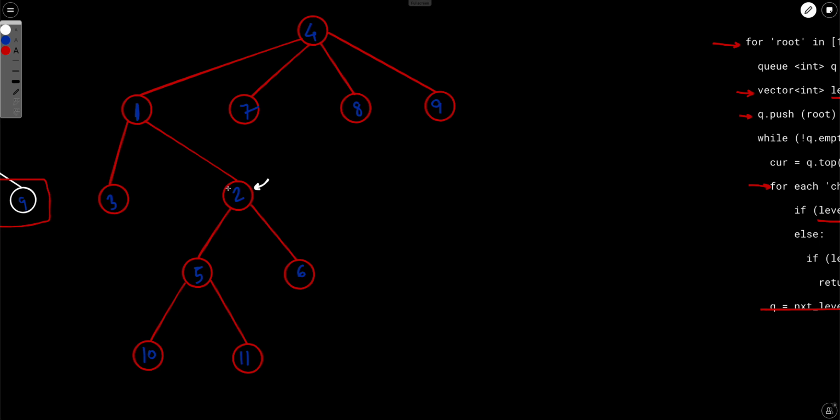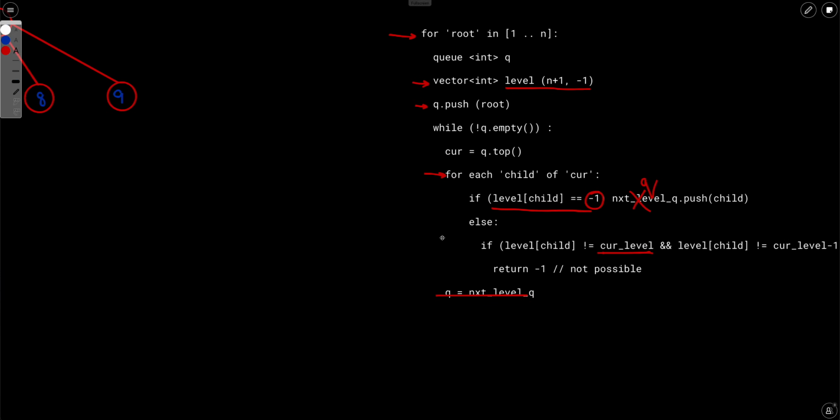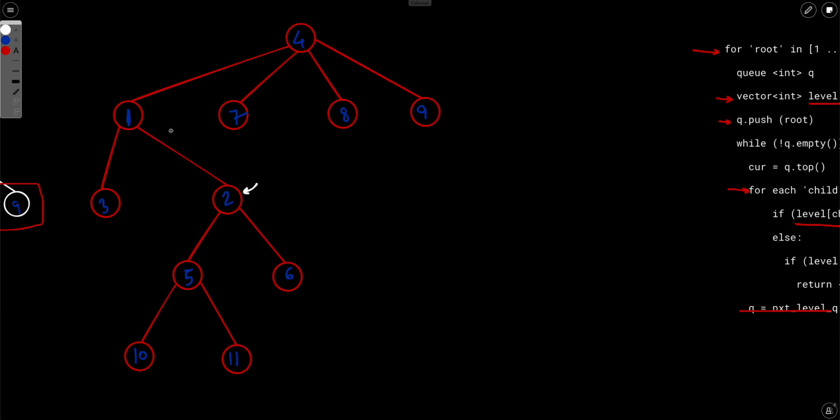This is not a valid configuration because 1 was already there in the group above, and because of 1 only 2 was discovered, right? So if the node is the parent, you will say I am okay, this edge is still okay.